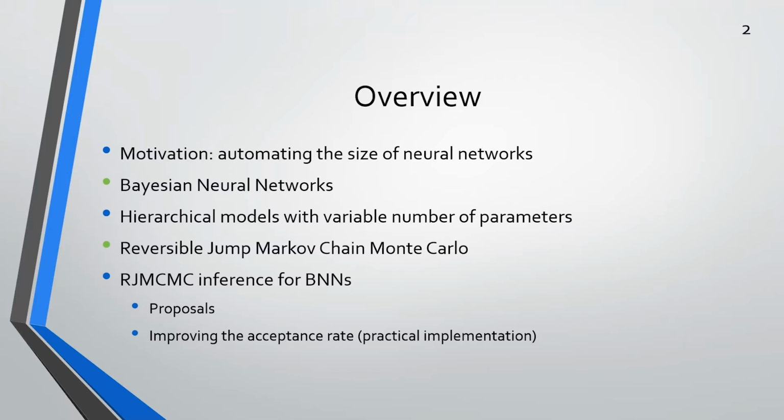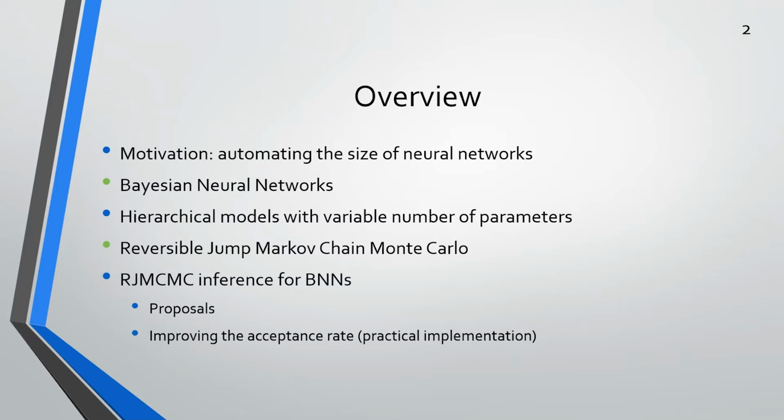So I'll go over a little bit of the motivation for how we came about this problem, and then we'll go very quickly through the background on Bayesian neural networks, since we've already had an introduction to that today. And I'll present hierarchical models briefly as an idea of how we can start to think about this variable number of parameters or variation in the architecture itself.